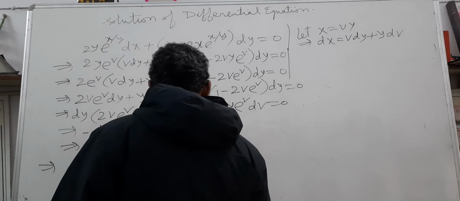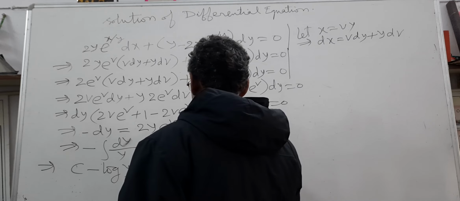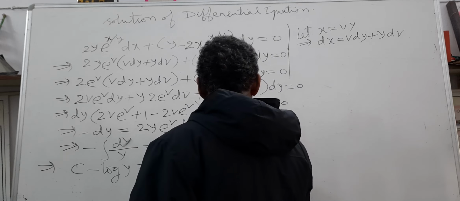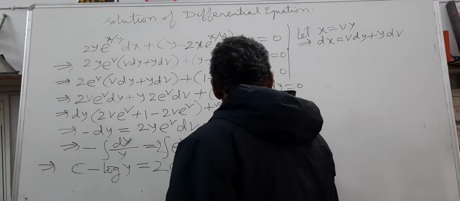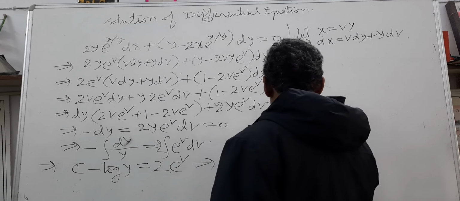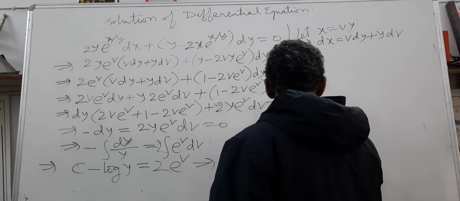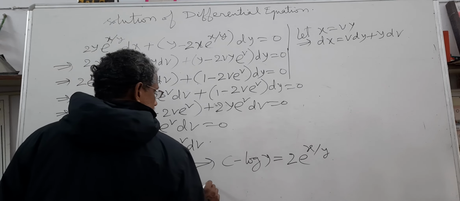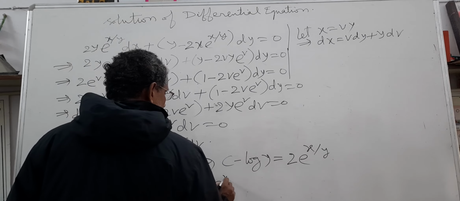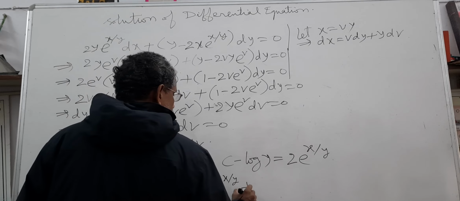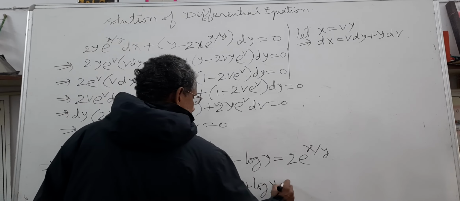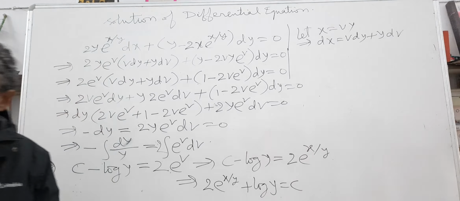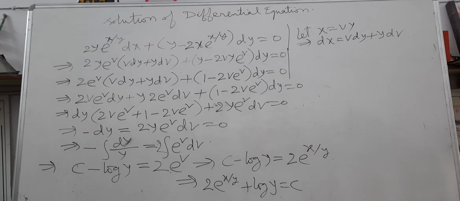This implies c minus log of y is equal to 2 e to power x upon y. This implies 2 e to power x upon y plus log y is equal to c. This is your solution.